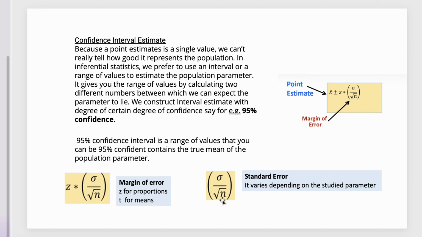One takeaway is the bigger the sample size, the smaller the confidence interval, the more accurate your estimate is going to be. So if you're unhappy with your confidence interval, it's too wide and you want to make it narrower, get more observations.